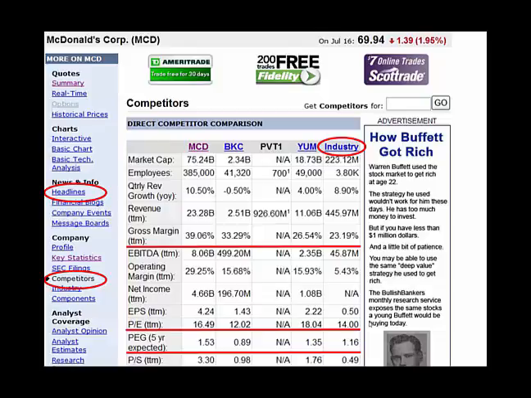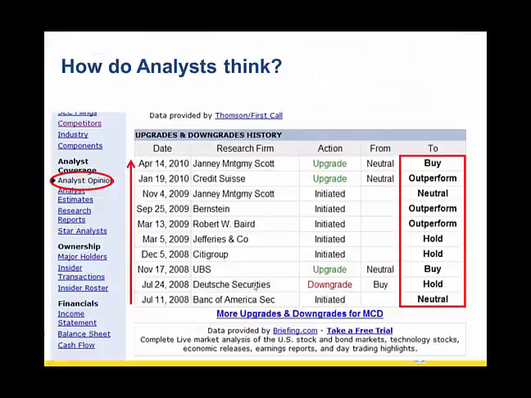If you click on analyst opinion, we can see what analysts think about McDonald's. So let's click on analyst opinion. And you can see that analysts have issued opinions such as buy, hold, neutral, etc. about McDonald's. In 1B, when we calculate price targets, we're really only considering 2 options.